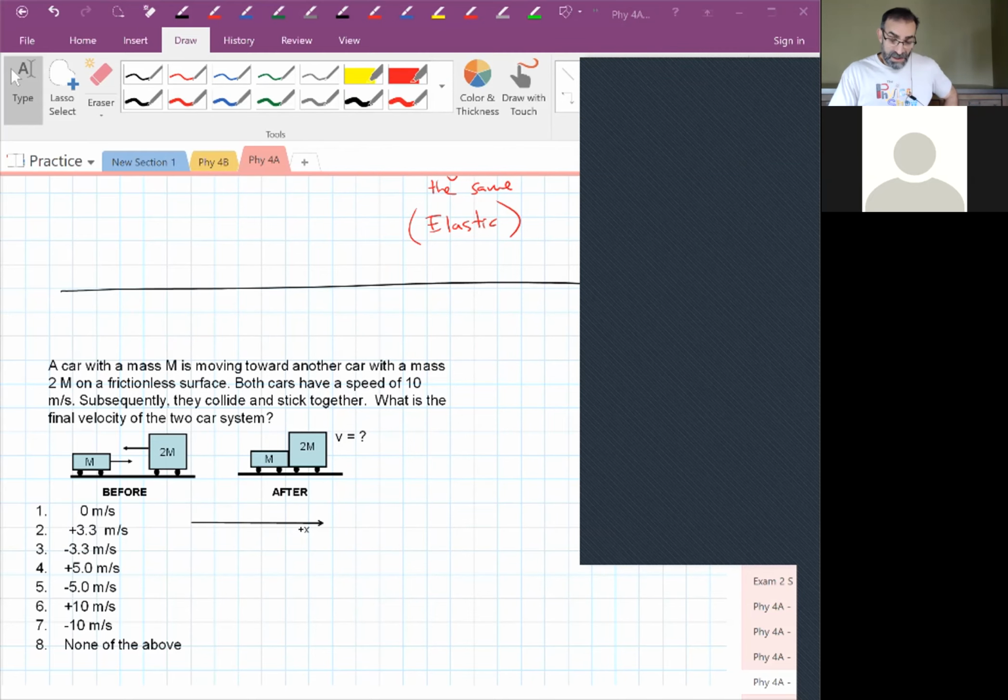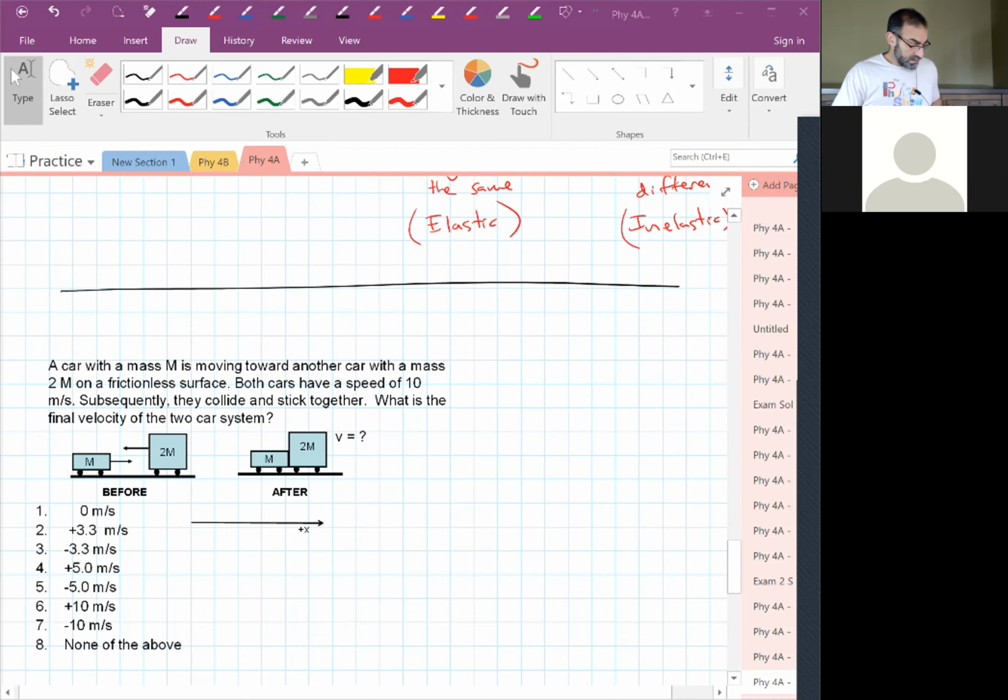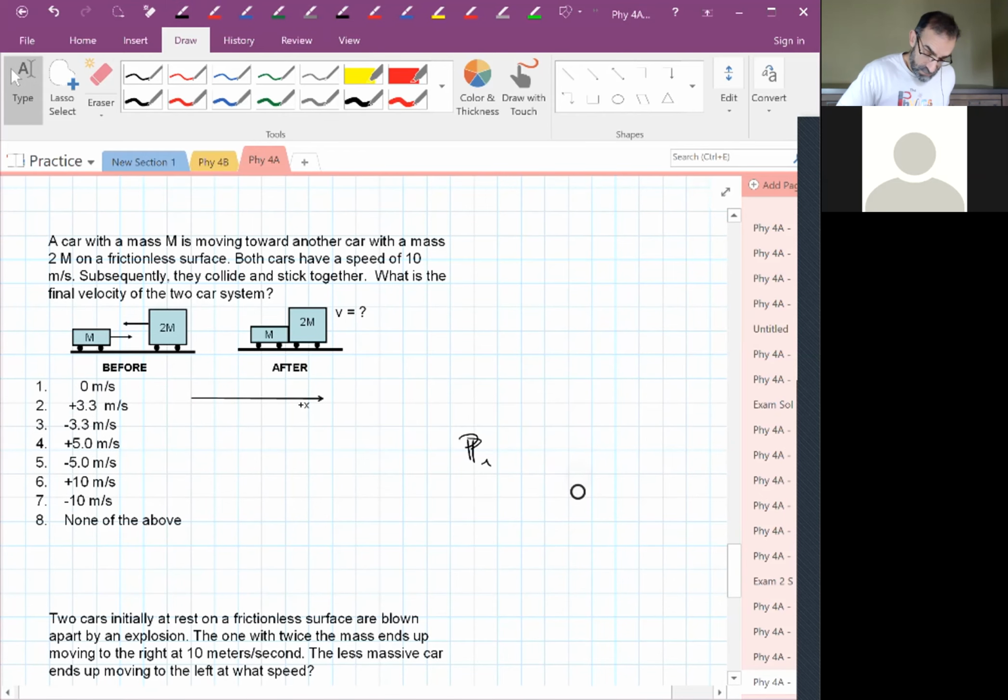Okay, let's take a look here. I'll go through it real formally here so you kind of start to build some good habits. Initial momentum is equal to final momentum. This is a vector equation.